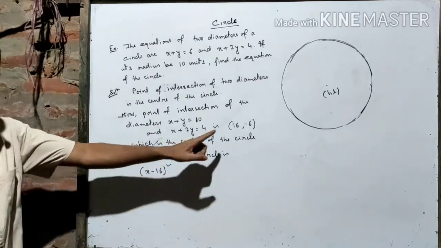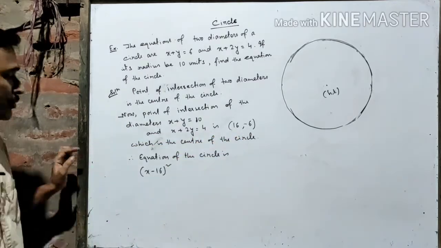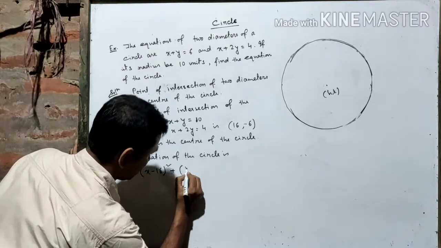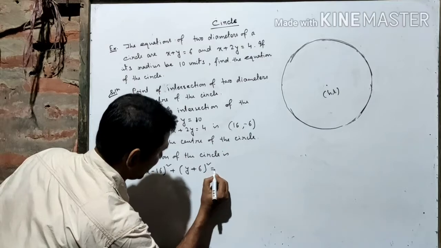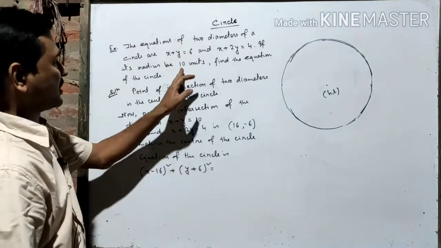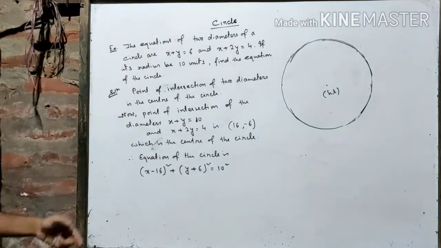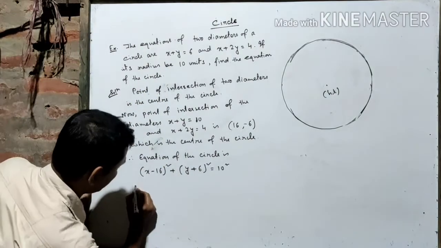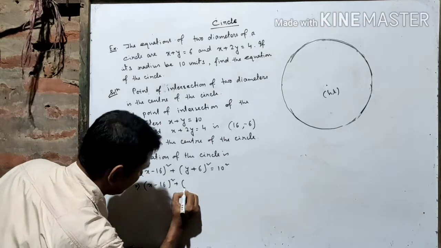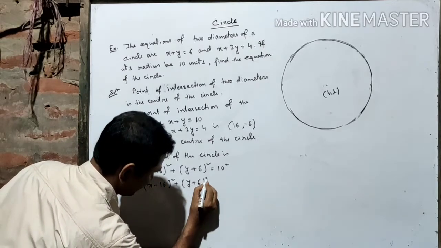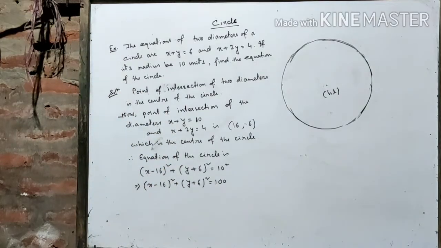So this is hk. h is 16, k is minus 6. x minus h whole square plus y minus minus, plus 6 whole square is equal to r square. What is r? r is 10, 10 square. So required equation of the circle is x minus 16 whole square plus y plus 6 whole square is equal to 100.